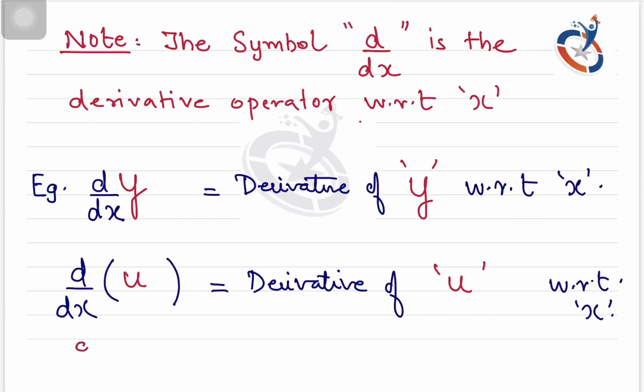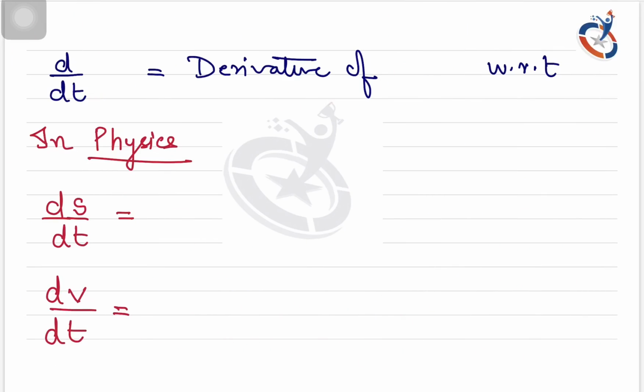If I write derivative of tan x, then you pronounce this as derivative of tan x with respect to x. Clear? So see that the symbols are clear to you. If you have derivative of, suppose say x with respect to t, this is dx by dt. So dx by dt is called derivative of x with respect to t. Clear? So it's derivative of x with respect to t.